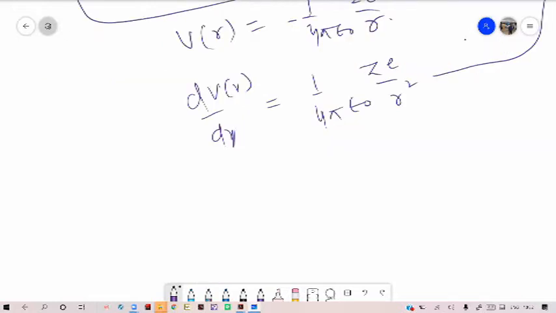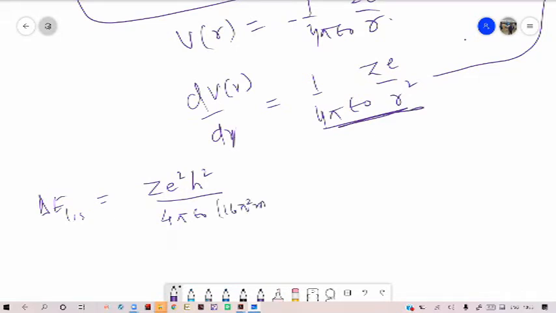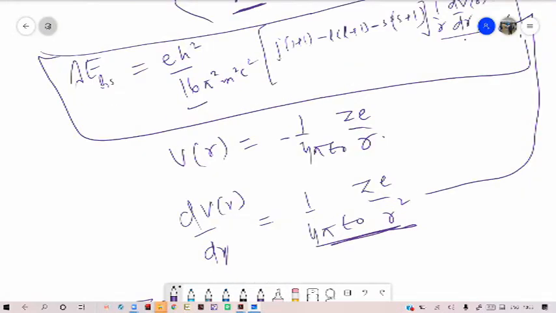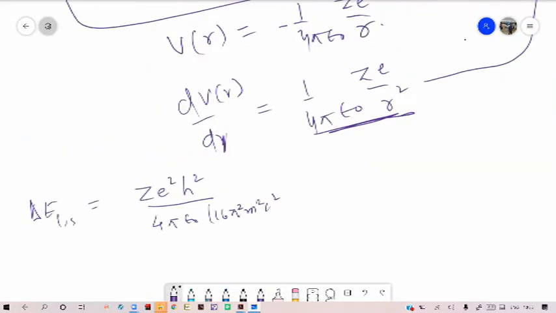We can write delta E_LS is equal to Ze square h square divided by 4 pi epsilon naught, and then another term 16 pi square m square c square. I will open the bracket here: j into j plus 1 minus l into l plus 1 minus s into s plus 1, and then I can write 1 by r cube, but it is the average value.